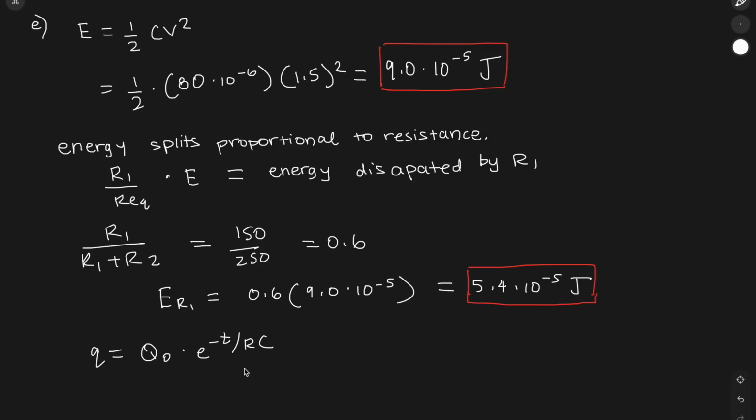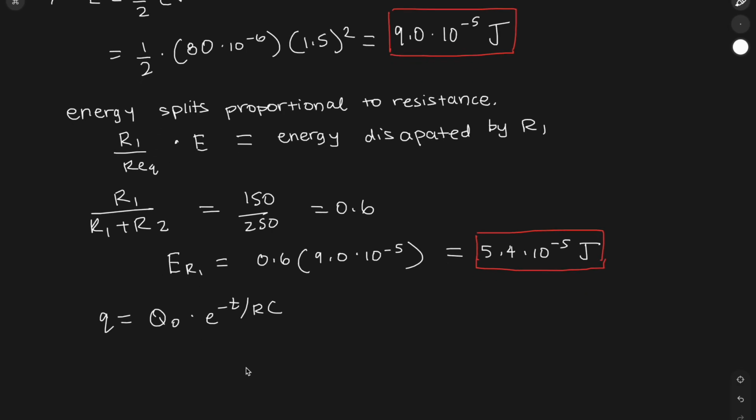Using this equation, we're going to take the derivative of both sides, and that will allow us to find the current. Once we do that, recognize that our initial current is going to be 0.006, because we calculated that in part 1.